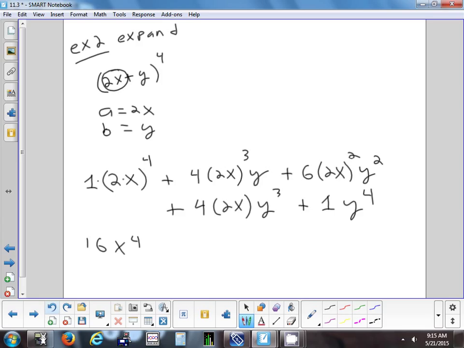Okay, once you do this out, you lose the pattern in Pascal's triangle. But we do have to do out all these powers and see what we get. Okay, Justin, what about 2 cubed times 4? 32 x cubed y. Any questions so far?